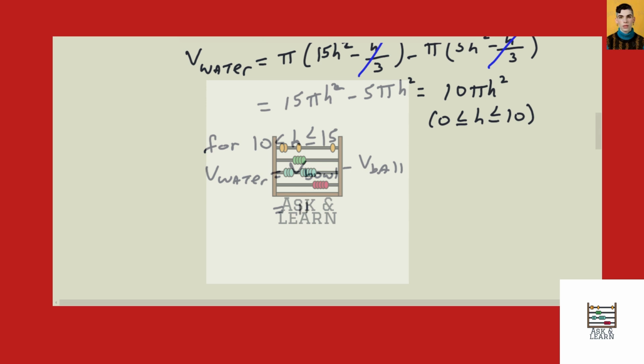So that means I have pi times 15h squared minus h cubed over 3, minus the total volume of the ball, which is 4/3 pi r cubed by definition of a sphere.